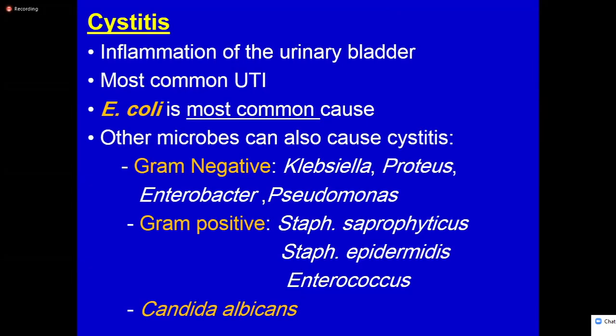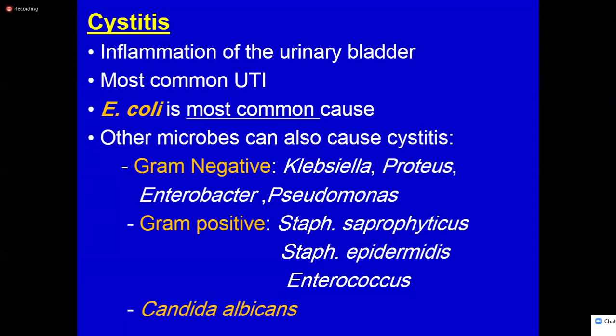These are all gram-negative bacteria. The first three are Enterobacteriaceae, enteric microorganisms. They live in the colon. And Pseudomonas is also a gram-negative bacterium. These are other causes, but less frequent than E. coli.